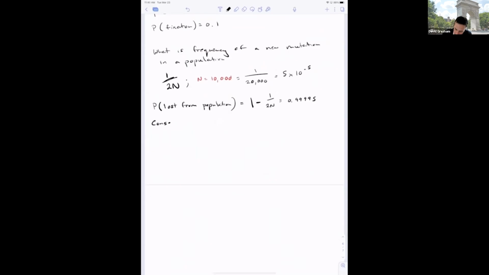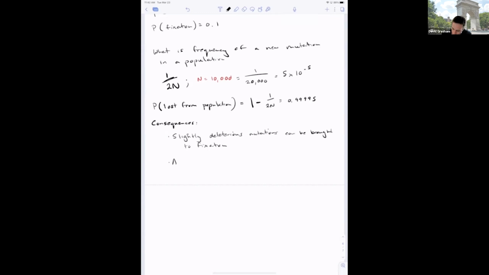And so the consequences of genetic drift are that slightly deleterious mutations, so less than ideal variation, can be brought to fixation just through this process of random sampling.